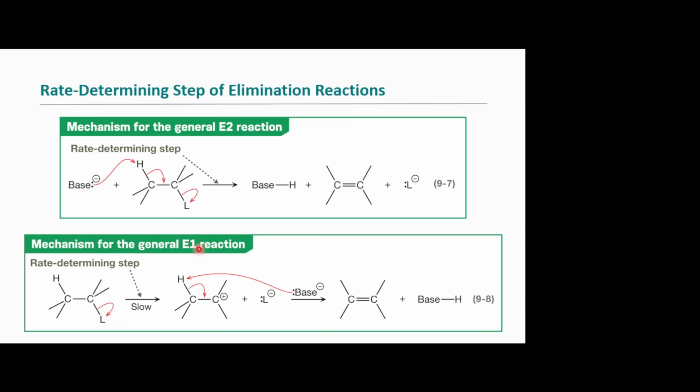And so when we're looking at this E1, it's just going to purely depend on how fast that leaving group leaves. Okay? This base doesn't have to be a particularly great base, right? All that really matters in the case of this base is, can it act as a base and take that hydrogen away? That's the main purpose of the base. Don't have to have a great base.